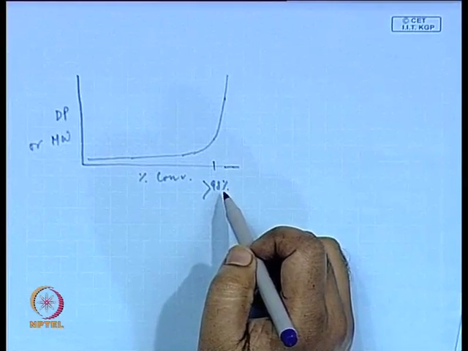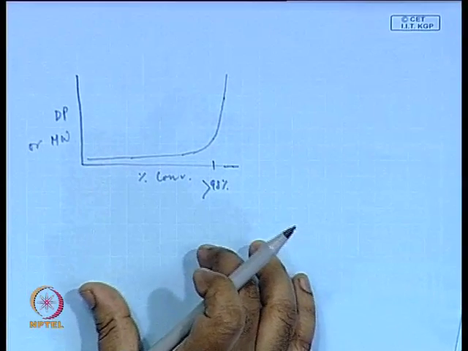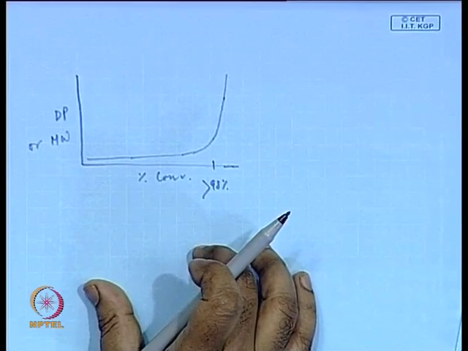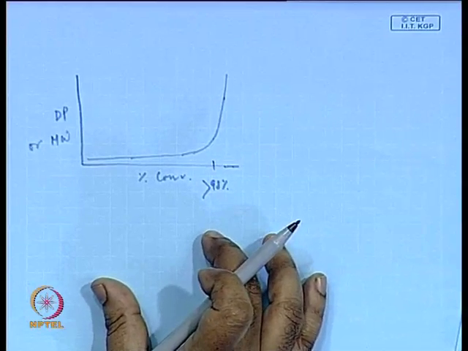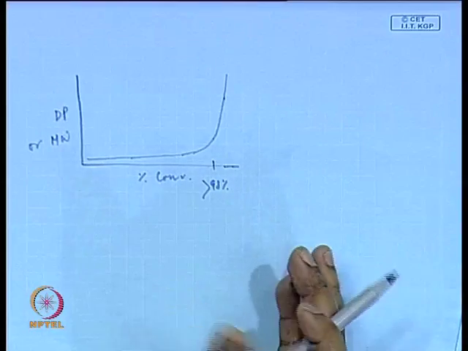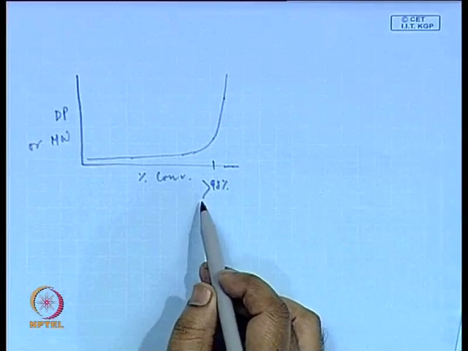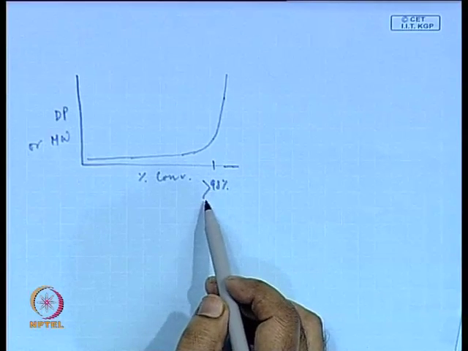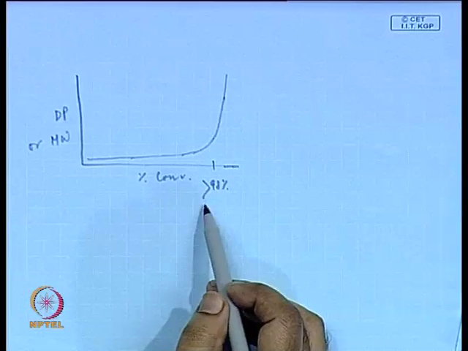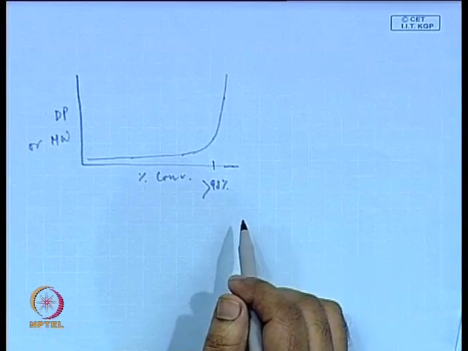So, this should clearly give you an understanding that in step growth polymerization, the high molecular weight, practical, usable polymers can be achieved only when the conversion is very high, more than 98%.